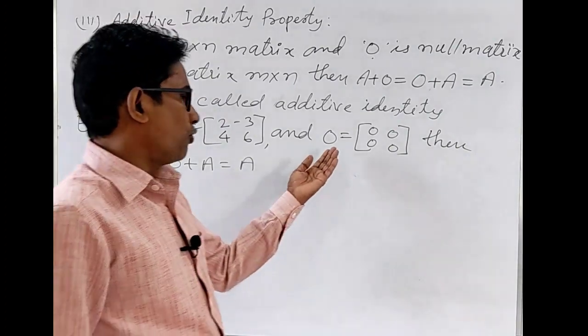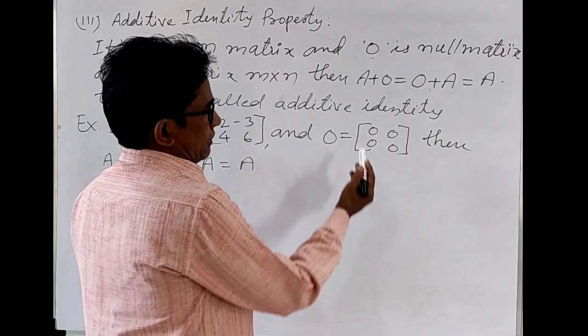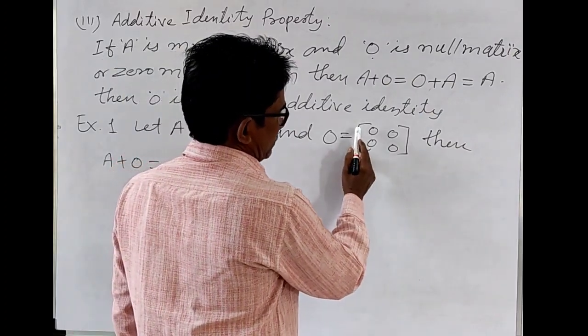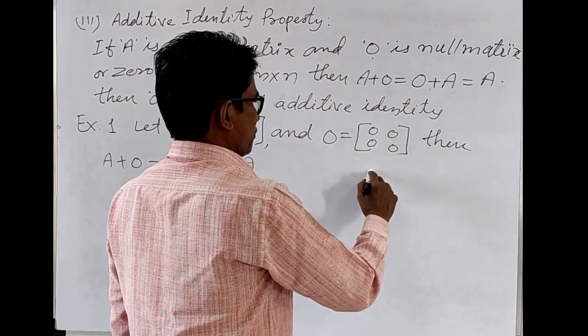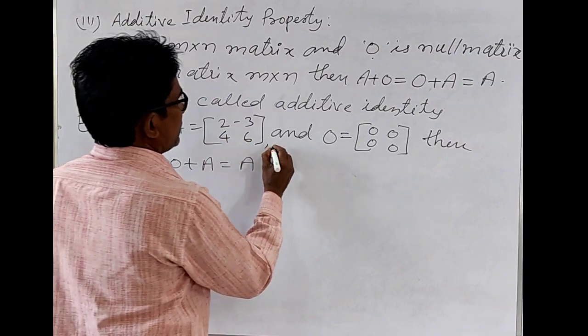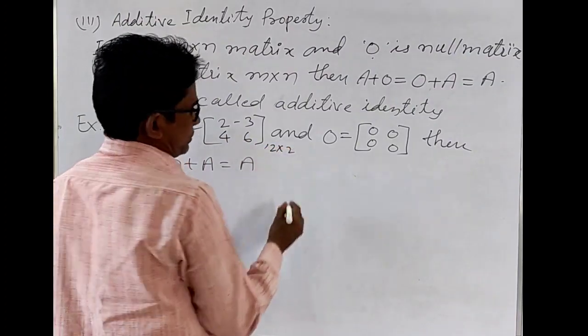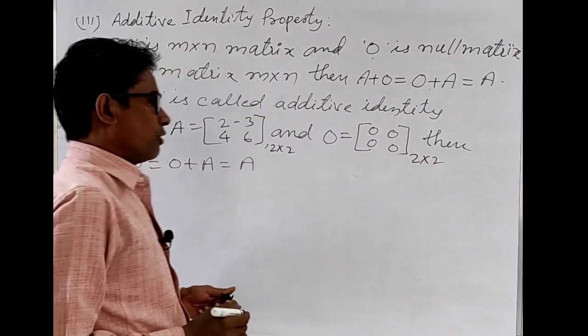And another matrix O, which is null matrix or zero matrix, in which first row is 0 0, second row is 0 0, and first column 0 0, second column 0 0. That means the order of this matrix is 2 rows 2 columns. Similarly, the order of this matrix is also 2 rows 2 columns.